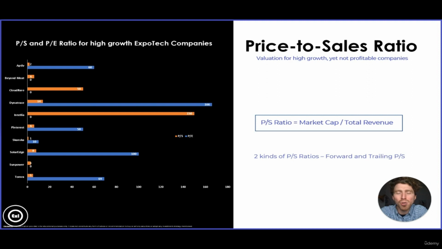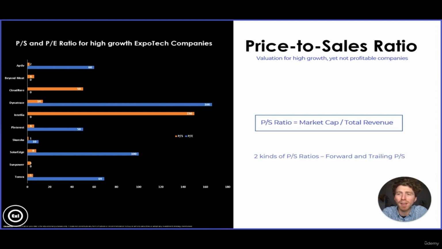There again, there are two kinds of price to sales ratios, forward and trailing. Trailing, you look at the last 12 months, and forward, you project what the sales and the revenues over the next 12 months could look like. Here on the left, I listed some of the growth companies we've discussed during the exponential technology module.